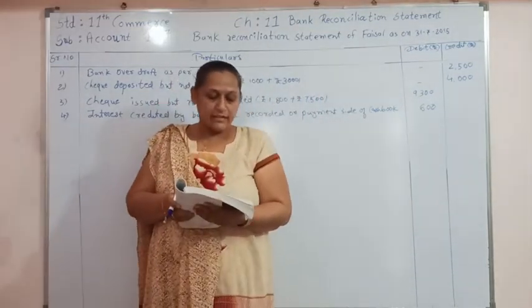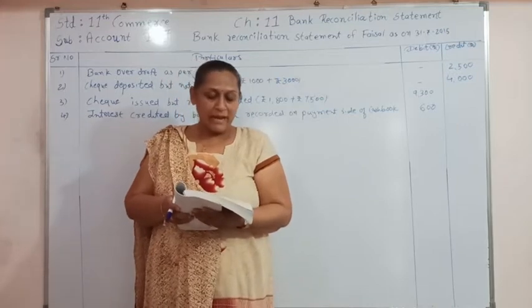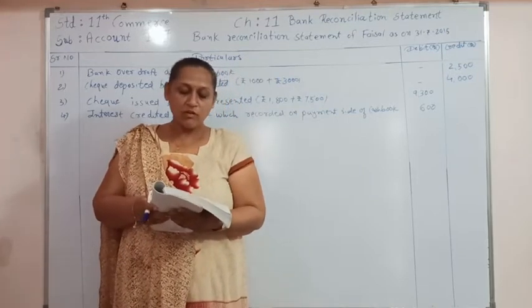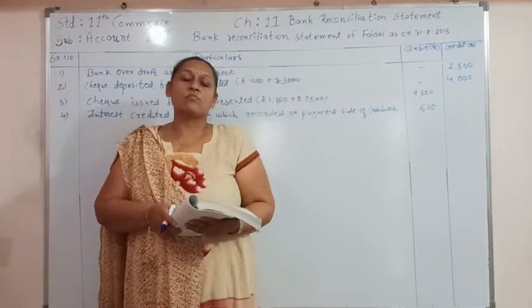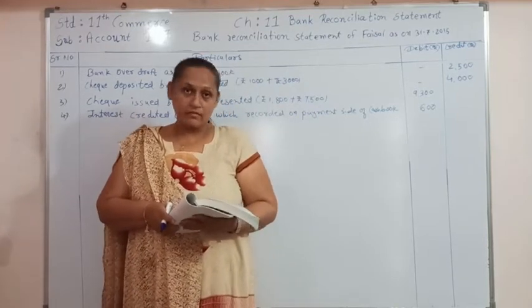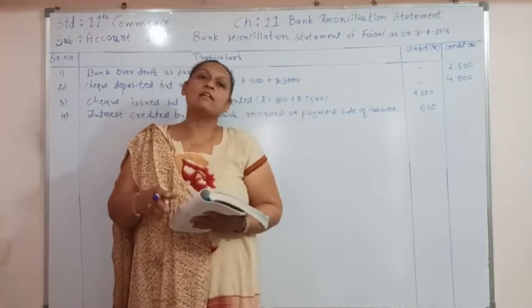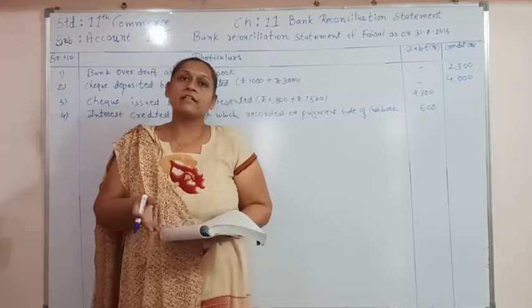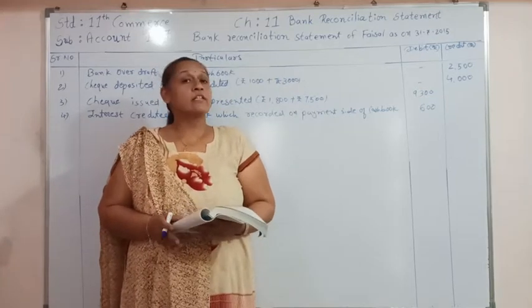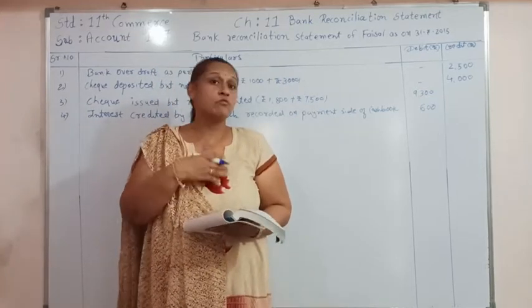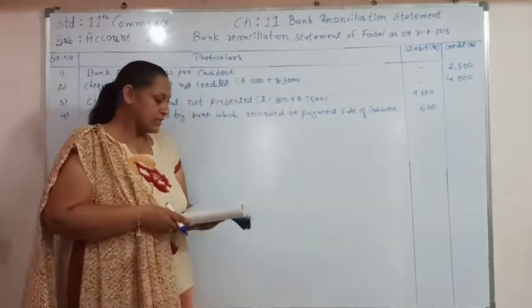Now let's see transaction number 5. Bank has collected 800 on behalf of Faisal, which is yours to be recorded in the cash book. So bank has collected. So in the passbook it is credited, that we were supposed to debit in the cash book. So it is not debited in the cash book. So we have to debit in the bank reconciliation statement.